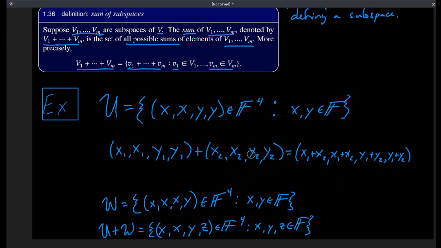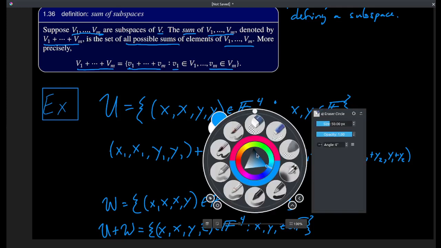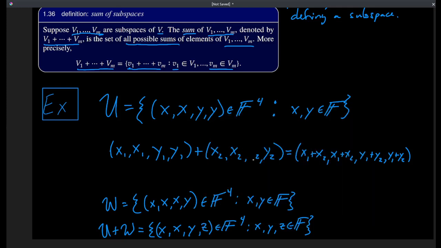Instead of a y2 right there, I will make that into an x2. So this is something in U, this is something in W. And if I add them together, instead of x1 plus x2, x1 plus x2, y1 plus y2, it will now become y1 plus x2. So this is the same as this, and this could be something else, and this could be something else.